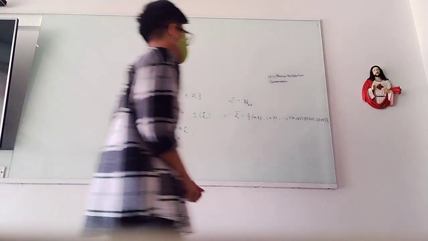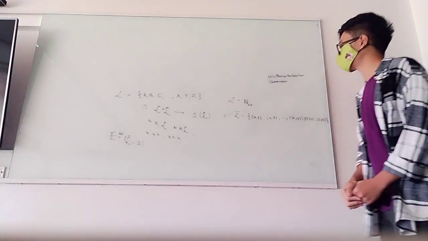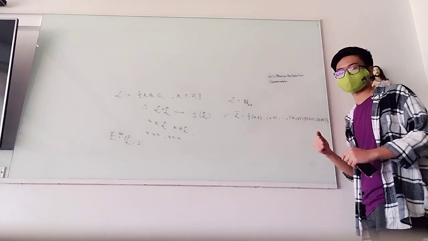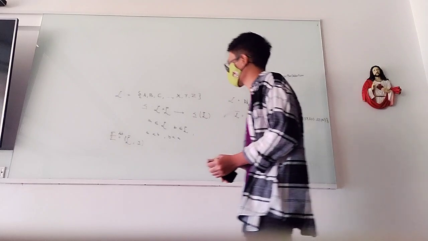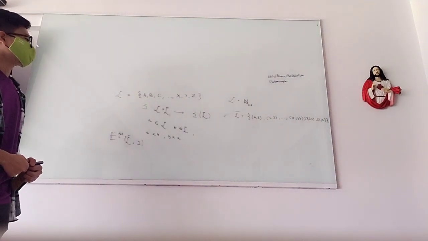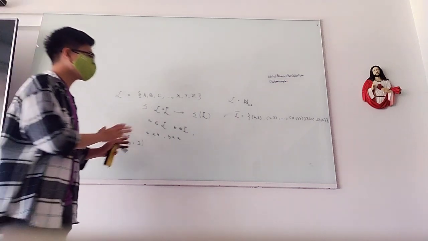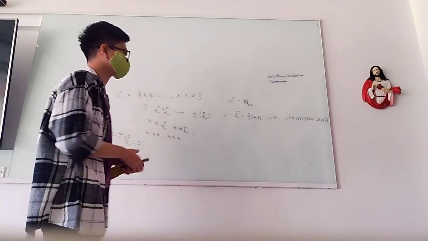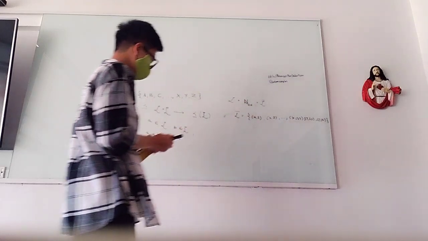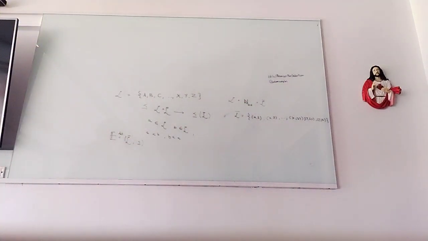So A is the first letter, B is the second letter, up until Z. This is called lexicographical ordering, or linear order. Okay, so now that we've done this, wait, this is L dash.